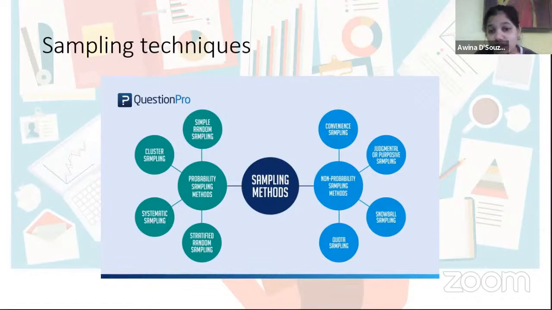Cluster sampling is basically you make different divisions of samples, and they contain people. For example, if I have people who are wearing blue, green, red, and they are present in one cluster.